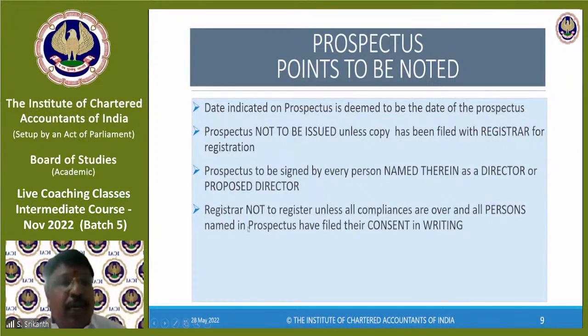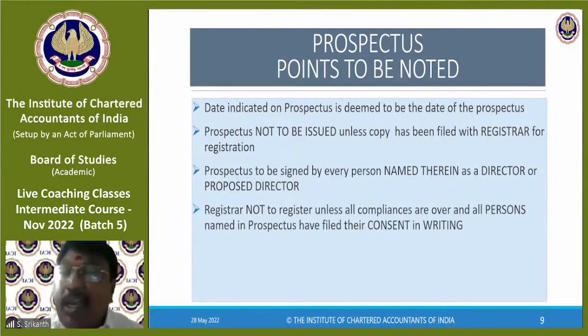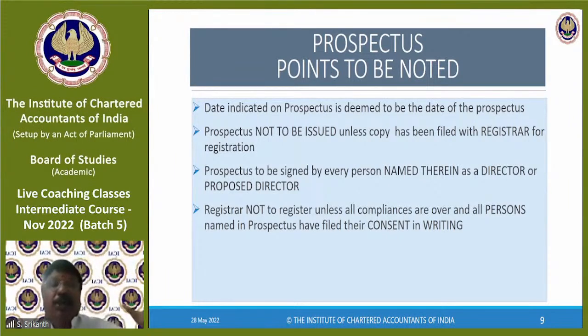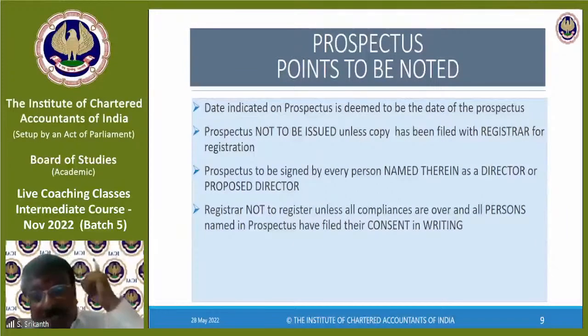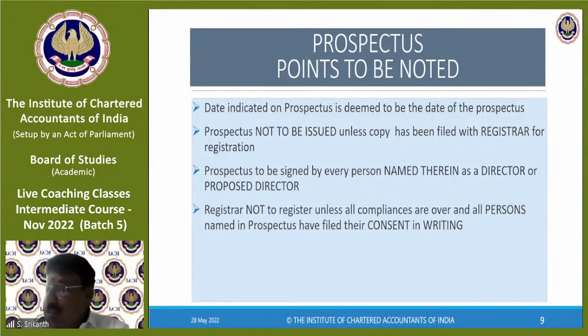Suppose you don't like the word proposed, use the word future director. He will become director later. But why are you mentioning his name in the prospectus? Because he is a big shot. That's why I gave the example of Shah Rukh Khan. If Shah Rukh Khan will become a director, then I will buy these shares. So you are influenced by that fact. Therefore, such a person also has to sign the prospectus, right?